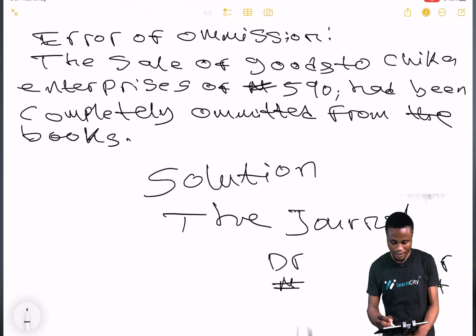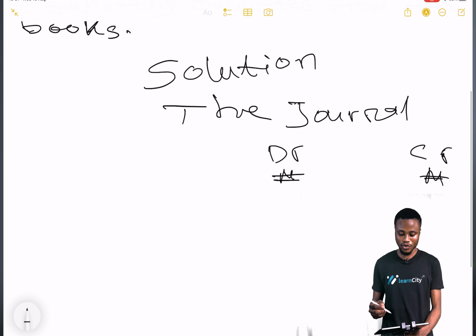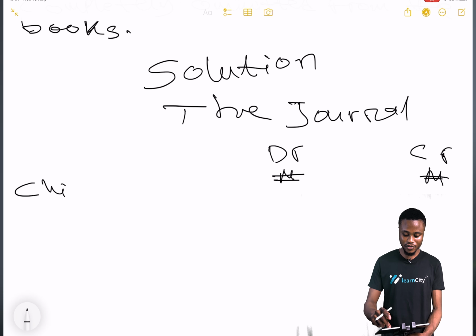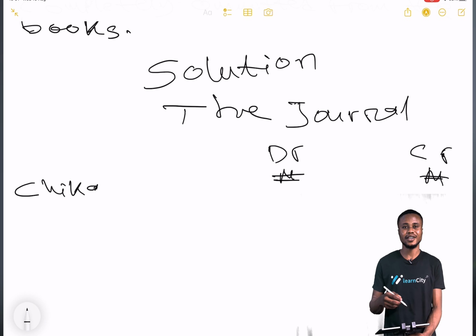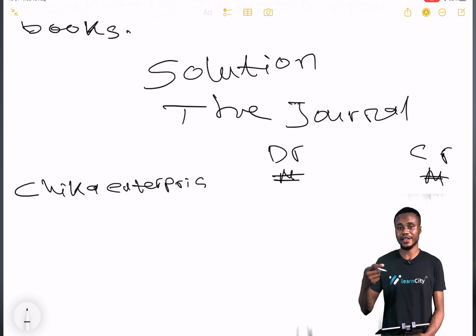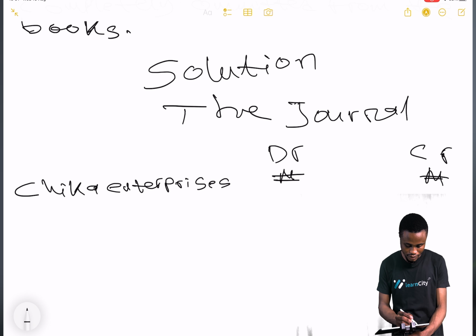Then the naira sign under it. In the question, let's say 590 naira has been omitted completely from the books for Shika Enterprises. What you just have to do is write Shika Enterprises, then you debit the sum amount, which is 590 naira, like this.